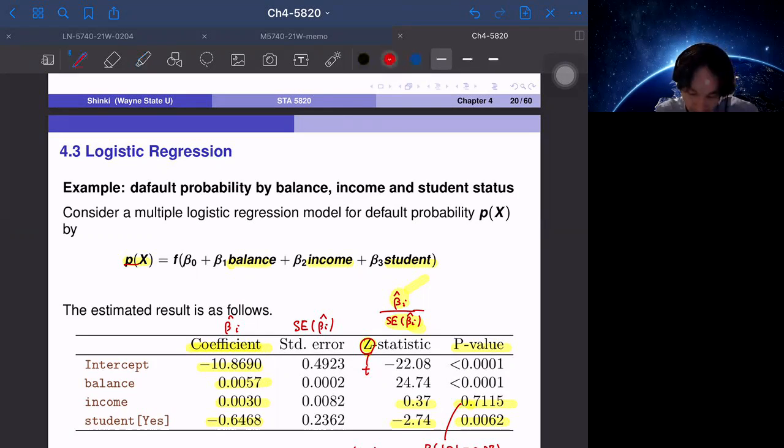That's not that straightforward. So this one, 0.0057. That means the log of default probability over non-default probability gets larger by 0.0057.